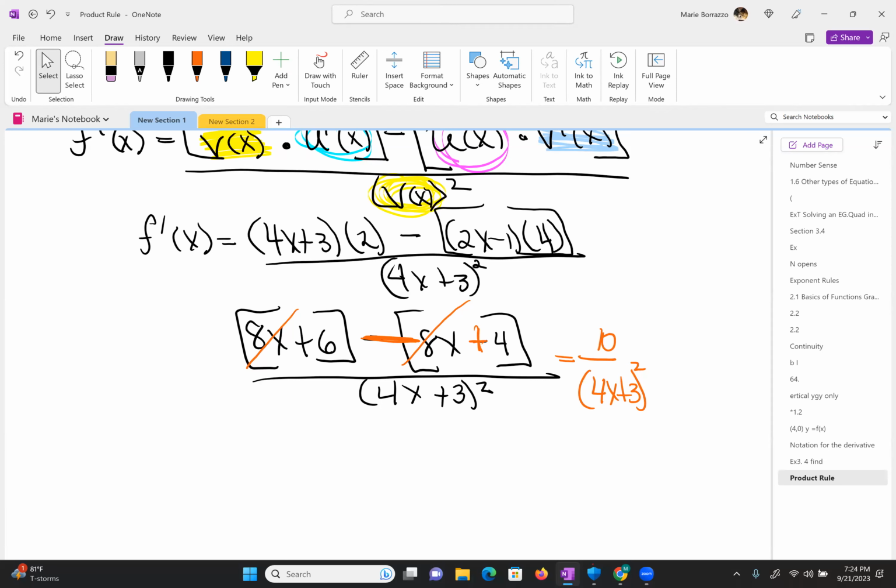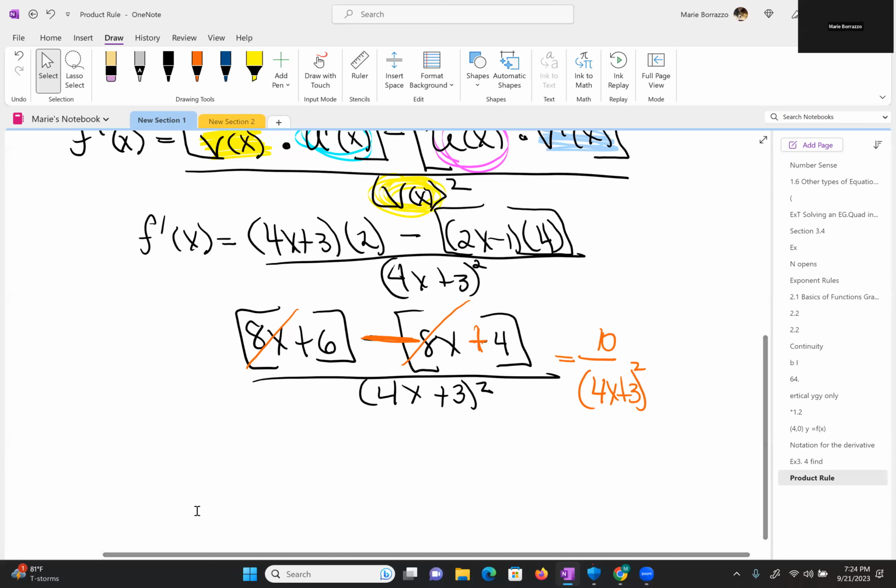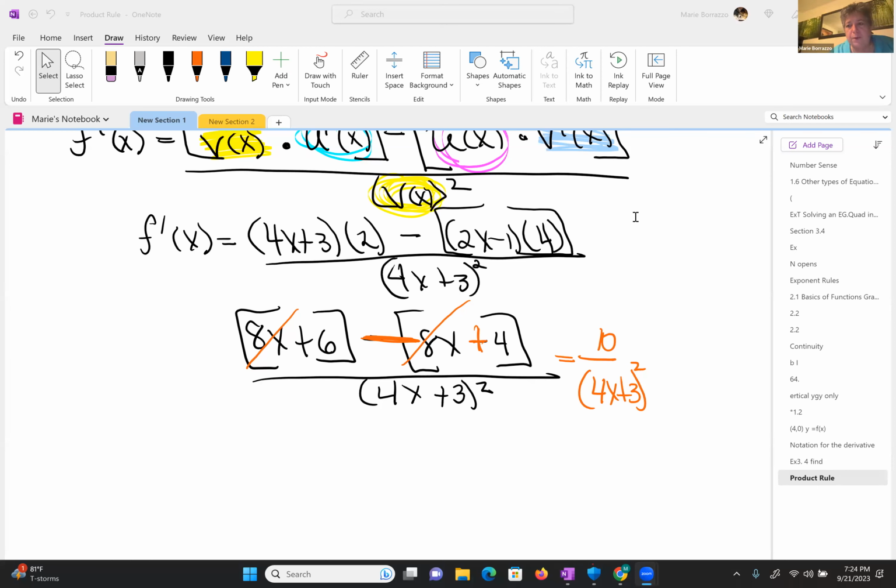So that's the quotient rule. We're going to eventually get to chain rule and other examples. So if you're doing the homework and you hit a snag, for example, let's talk for a minute about marginal profit, because I haven't talked to you about the application of this. Marginal profit, marginal cost, marginal anything.